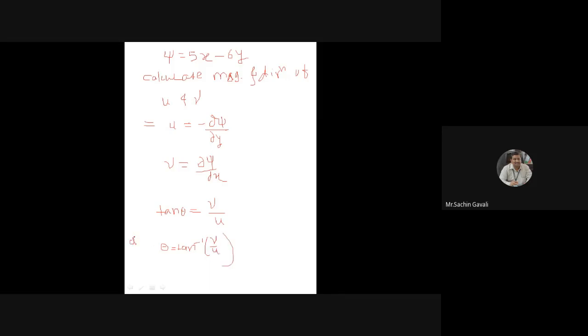It's direction. Tan theta is slope. Now u is equal to minus dou psi by dou y, means here 6, and v will be 5. It will be 6 divided by 5, and theta you can calculate. So this kind of numericals they can ask for 2 to 3 marks.